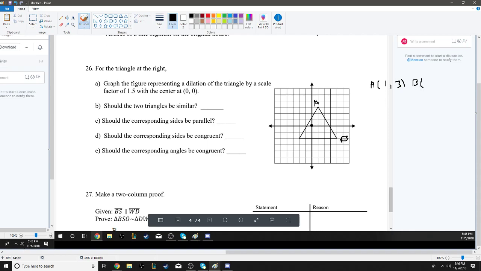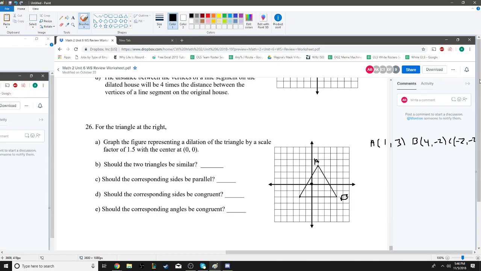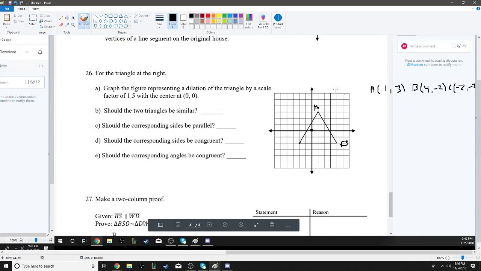B, we'll call this B. That's located at 4, negative 2. And then C is right here, and that'll be at -2, -2. Whoops. Ran out of room.